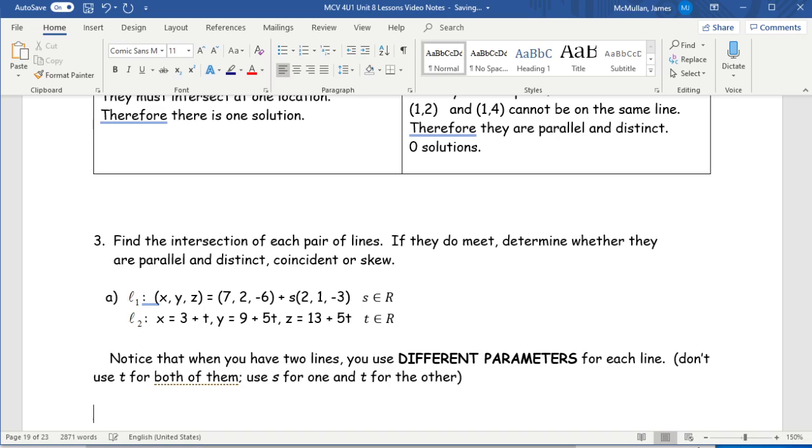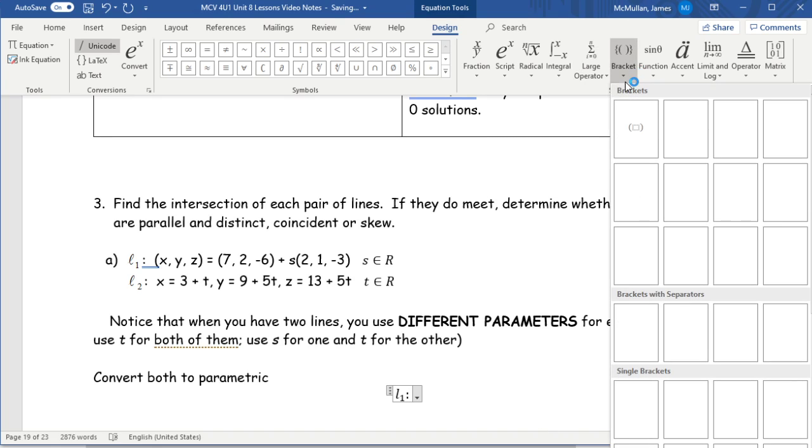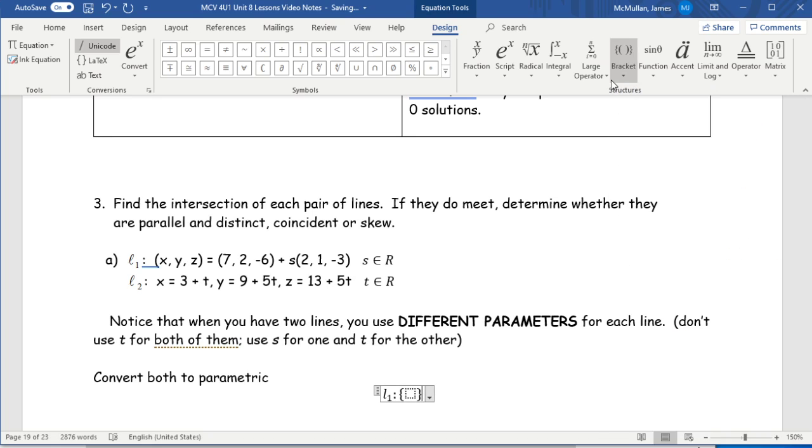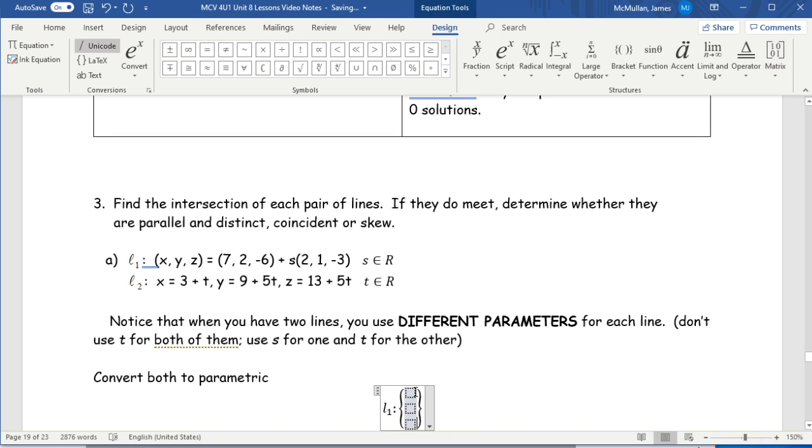Okay, so then what we're going to do here is convert both to parametric. The second one's already in parametric, but let's make L1 in parametric. So we make one of these big curly brackets, and then a matrix, and then we do the 3 parameters.